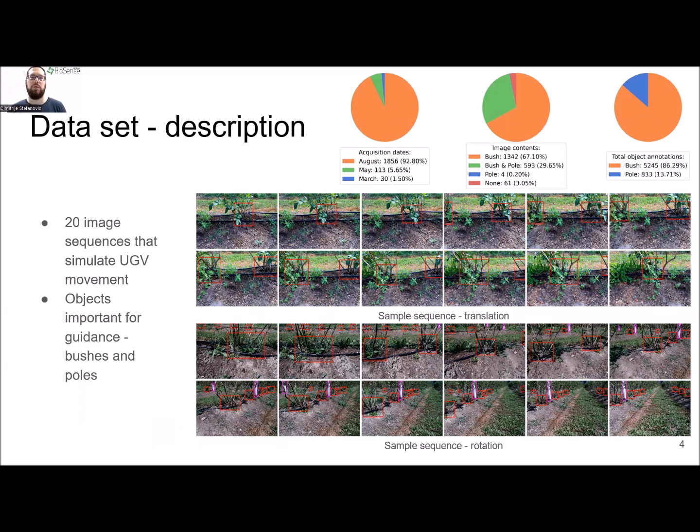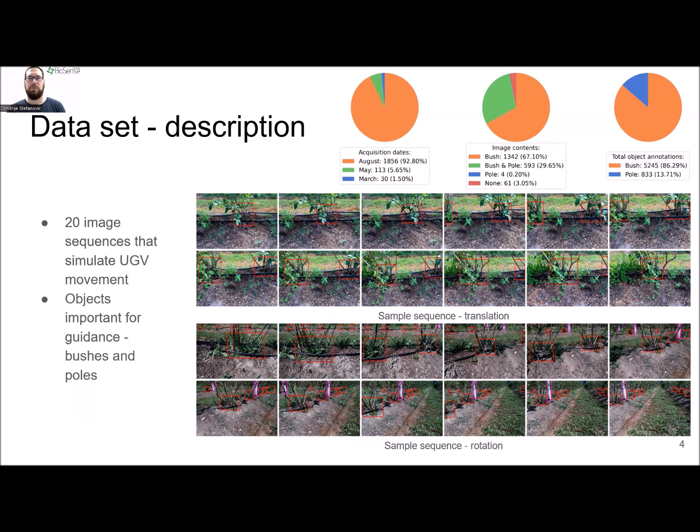The camera was mostly directed from the row center towards the plants, although there are sequences where the camera is rotated to look down the rows, as can be seen in the figures below. Within the dataset, there are 2 types of objects that are important for guidance, bushes and poles.